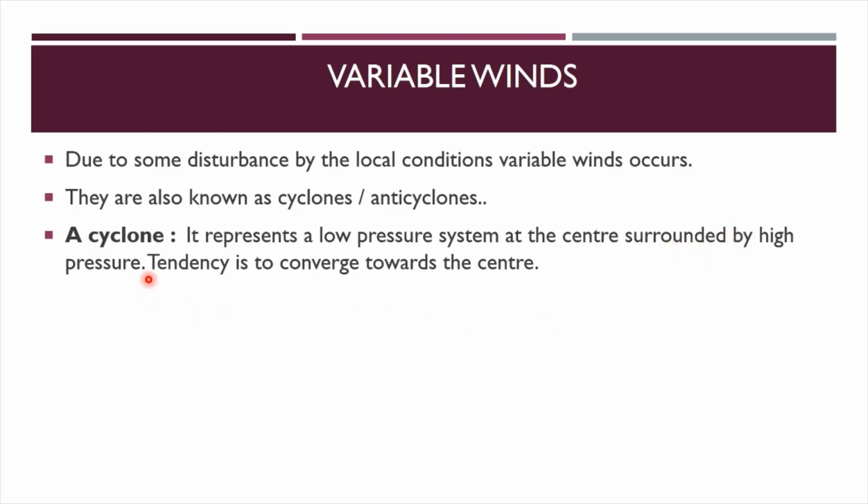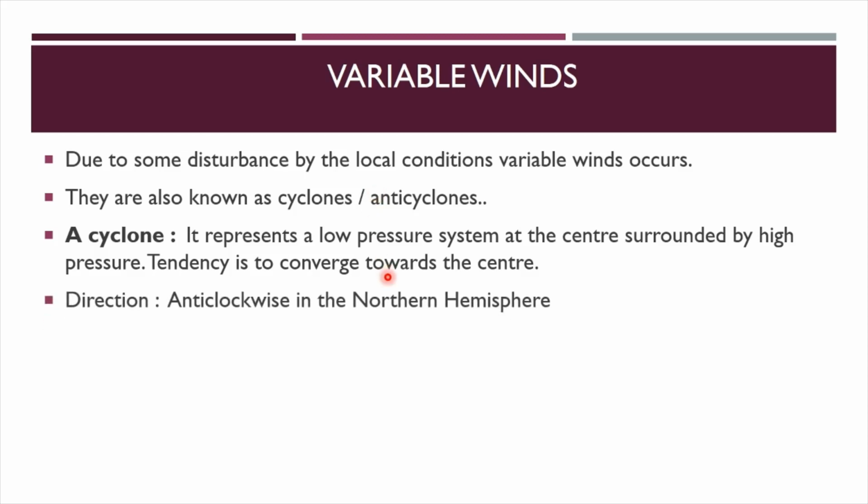So remember, a cyclone always has low pressure at the center and on the other side it is all surrounded by high pressure. So that is why there is a tendency to converge towards the center. Converging means the tendency to mix towards the center. Pressure will be coming from all sides towards the center.